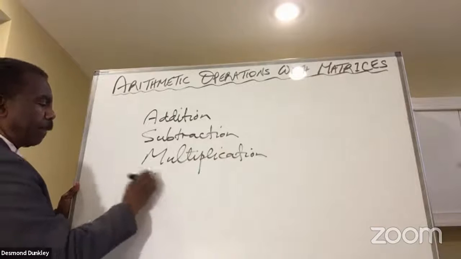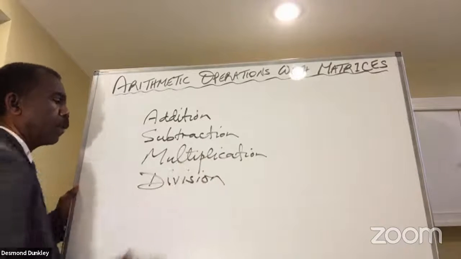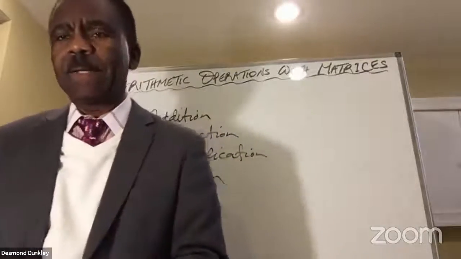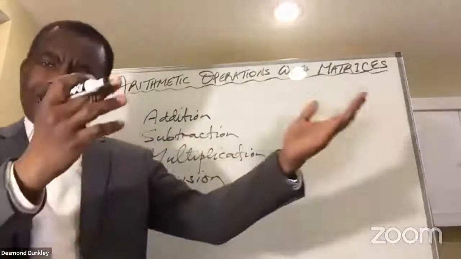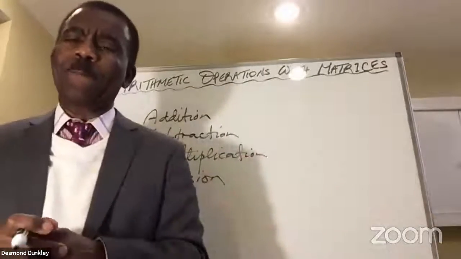And of course, we think of division. Those are the four major operations in arithmetic. You add two numbers, you subtract two numbers, you multiply two numbers, and you divide two numbers.